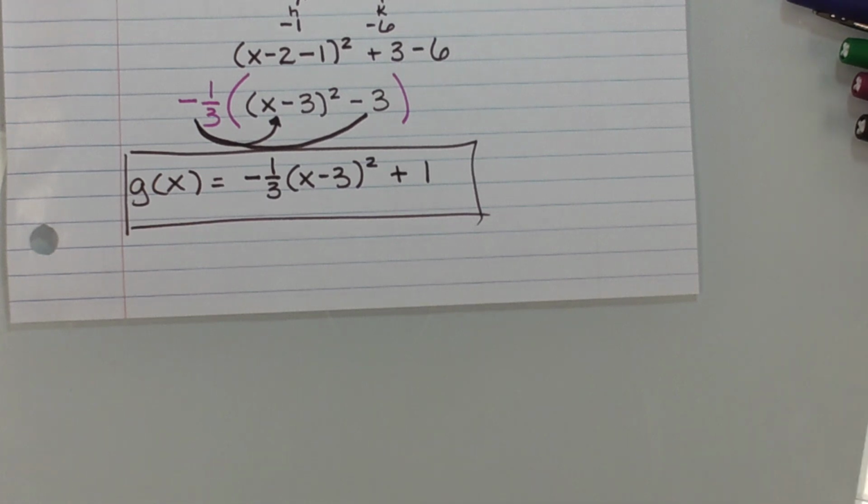Yesterday we talked about vertex form. When it is in this form with A, H, and K, the vertex is at H, K. And I told you, be careful. If the original function has a minus, then what's it telling me to do with my H? Do the opposite number of what's there.